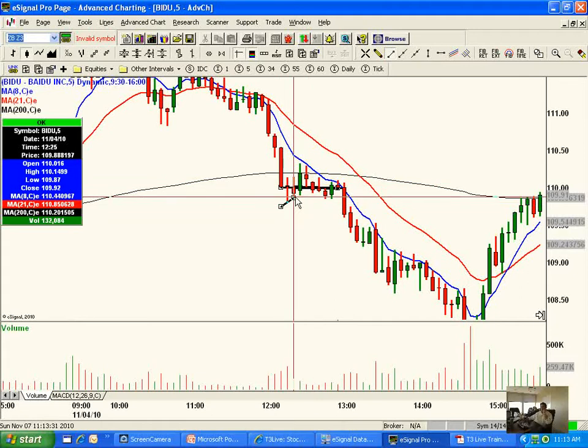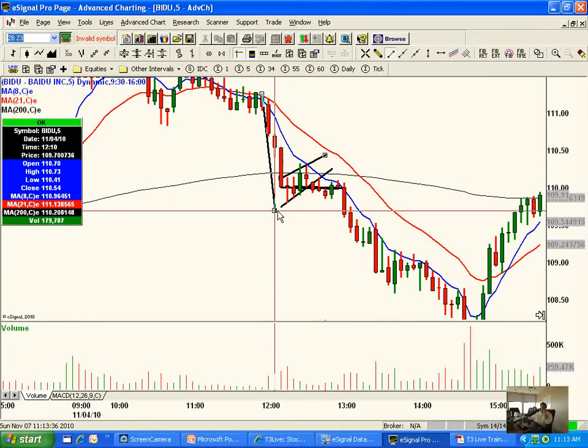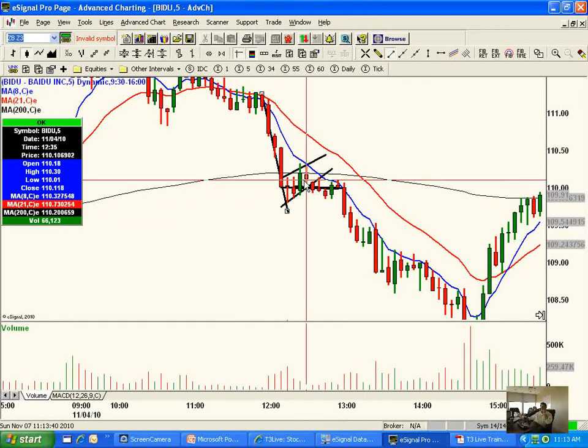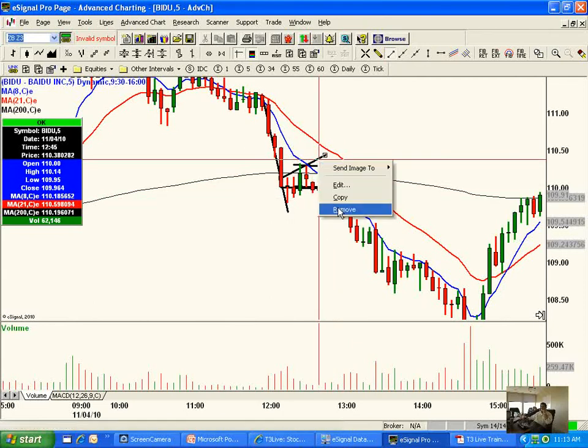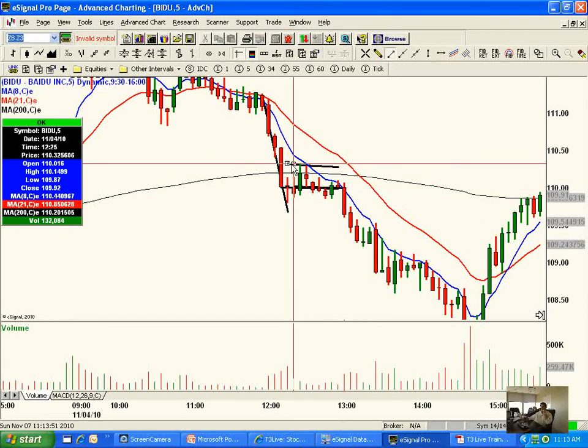You see what I have here? It's a bear flag. My stops would be up here. Does everybody see that? It tails down at the moving average. Once this bar takes out the prior low, I enter a short and I set my stop up here. Does everybody see that?